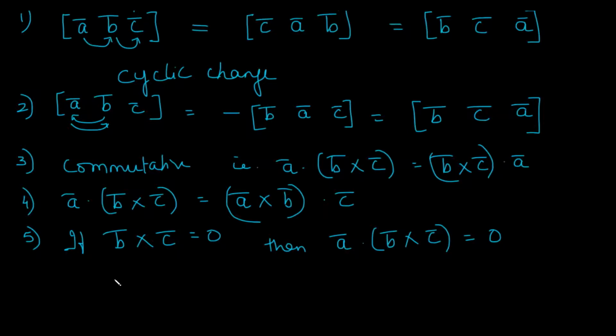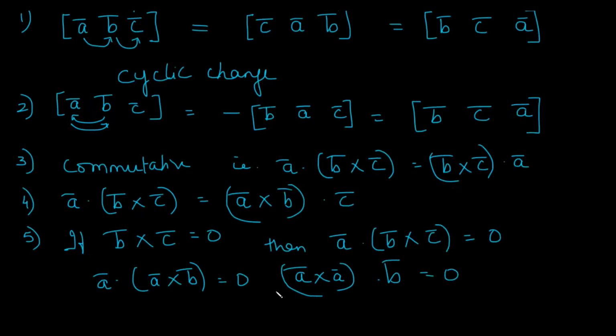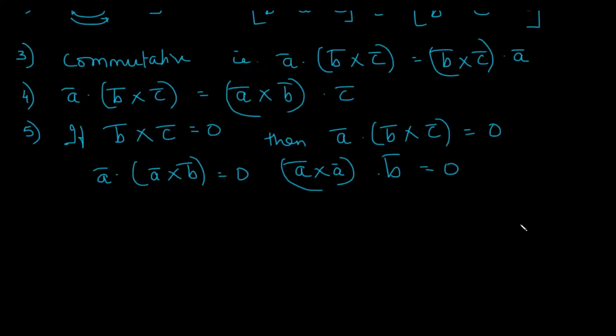In the same way, if two vectors are equal, then their cross product is 0. That means from this we can derive that A dot A cross B is equal to 0, and the same way A cross A dot B is equal to 0, etc. So in the box product, if any two vectors are equal, then the value of the box product becomes 0. Remember this, it will help you in solving sums, etc.